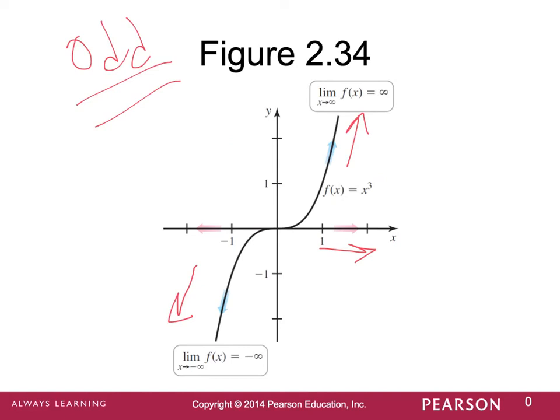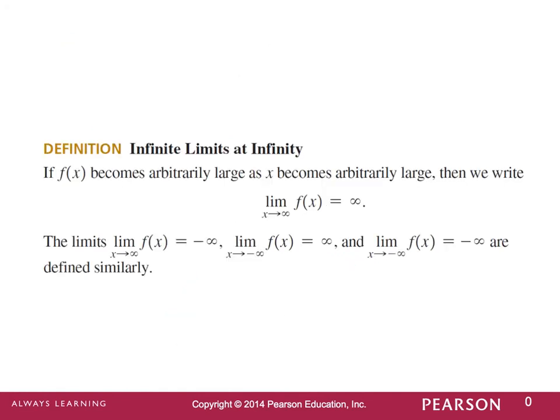If it goes to negative infinity to the right, it'll go to positive infinity on the left. We say that if f of x becomes arbitrarily large as x becomes arbitrarily large, then we write that the limit of f of x as x approaches infinity is equal to infinity. And we can similarly define all the other infinite limits at infinity using this same verbiage.